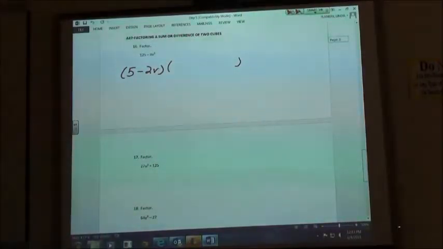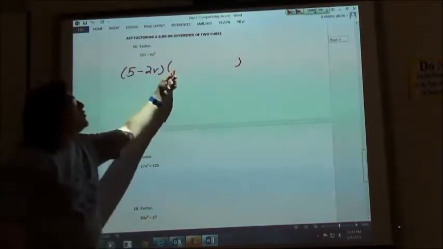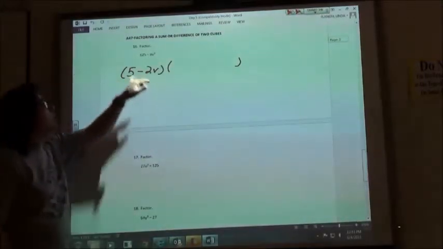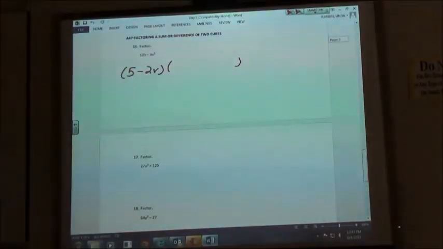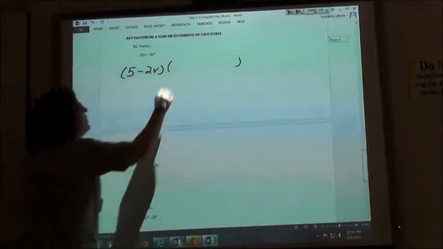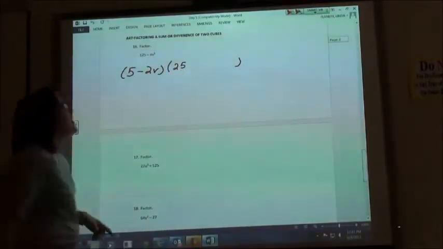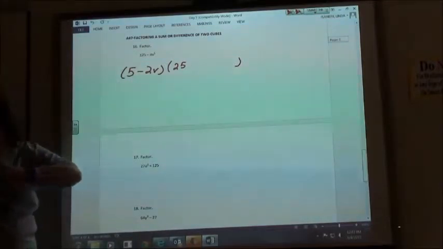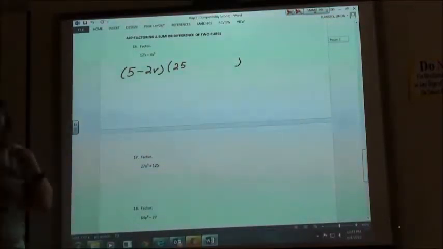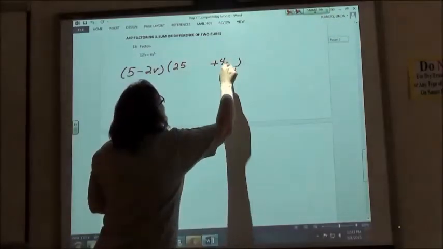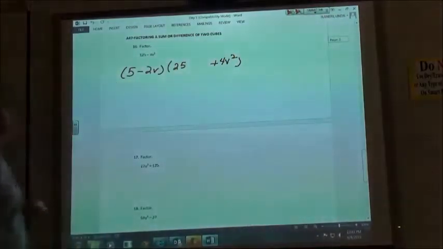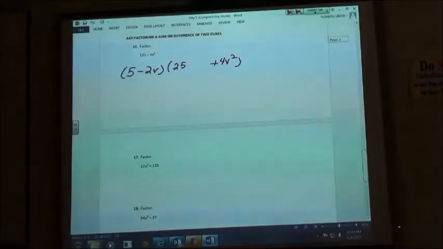When you're doing your second set of parentheses, I like to do the first term and the last term first. What I'm doing is just squaring each of these things that I got in my first set of parentheses. So if I square my 5, I get 25. If I square my negative 2v, negative 2v times negative 2v is a positive 4v squared.